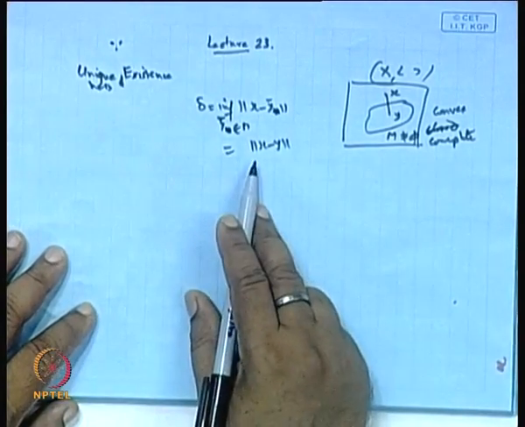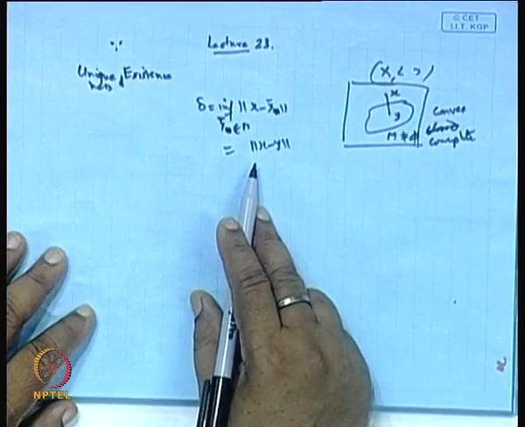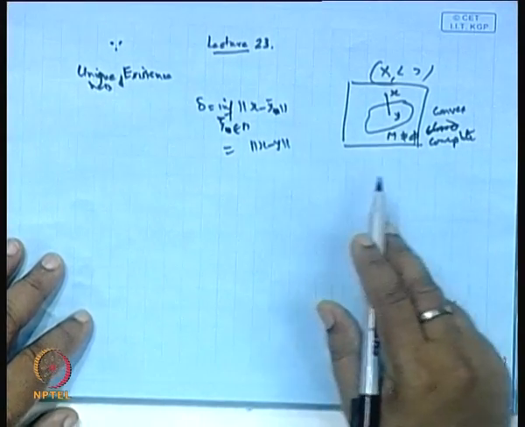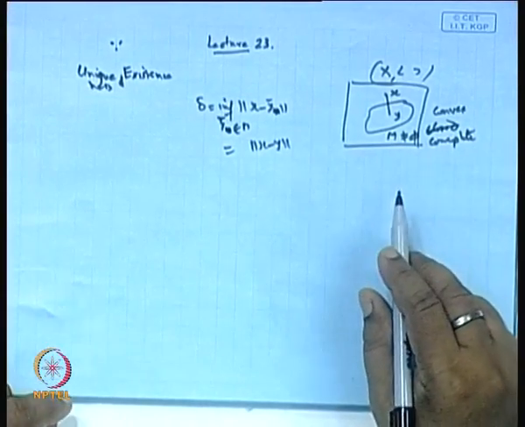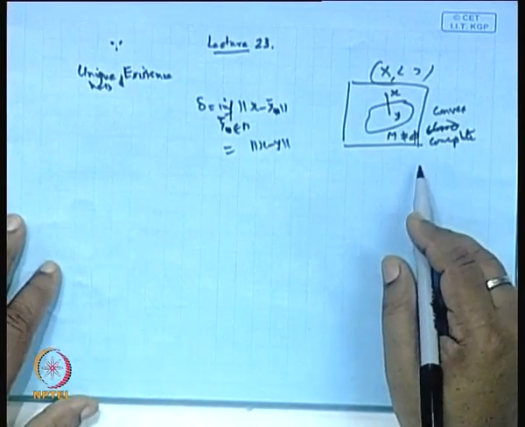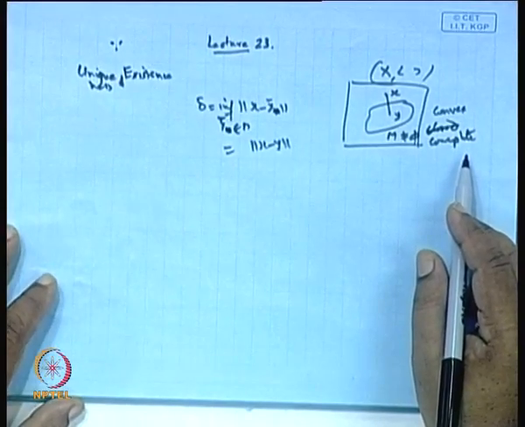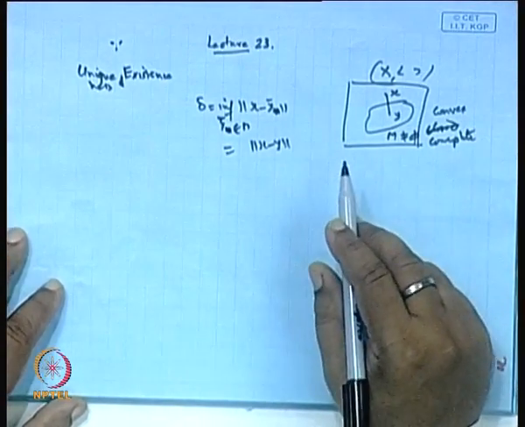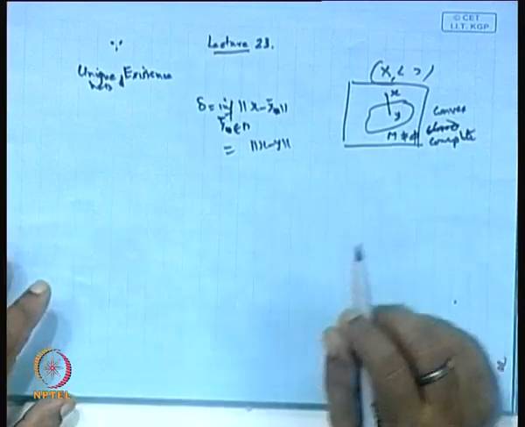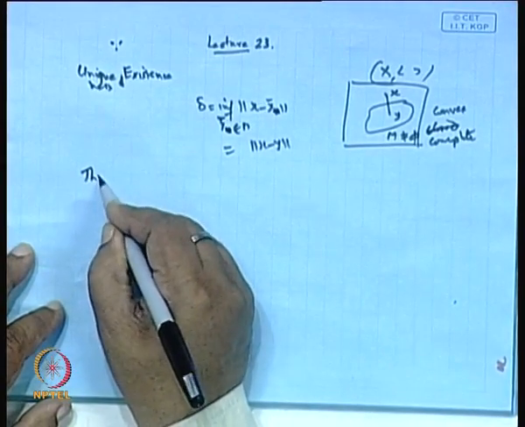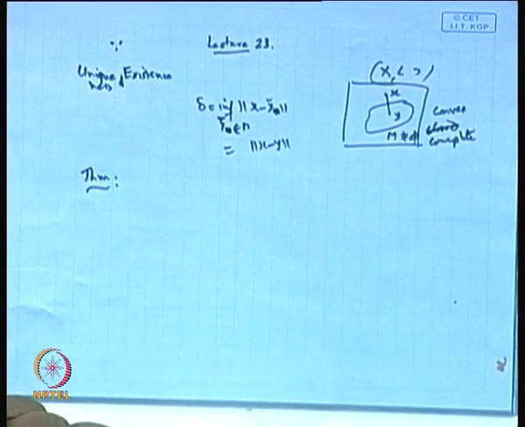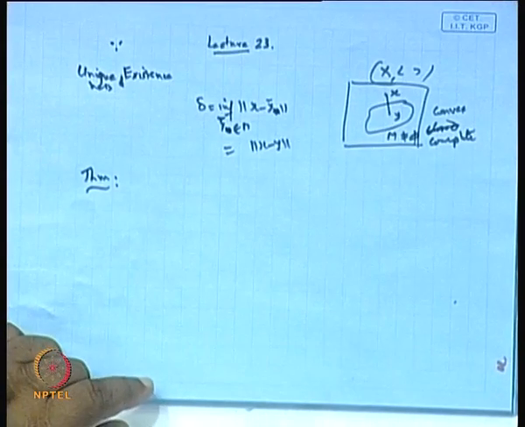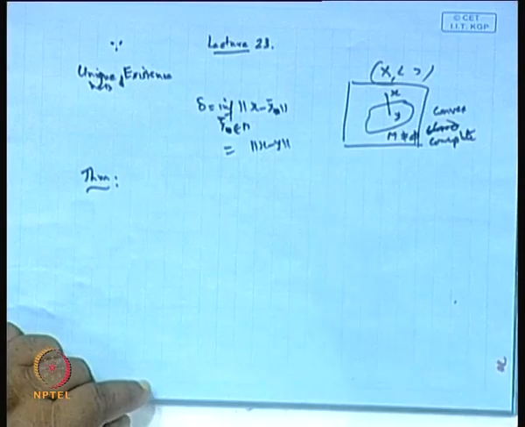Now, even if instead of taking the convex set we consider a subspace which is complete, then also one can prove the result. So, we have the next result where M is replaced by a complete subspace of X.